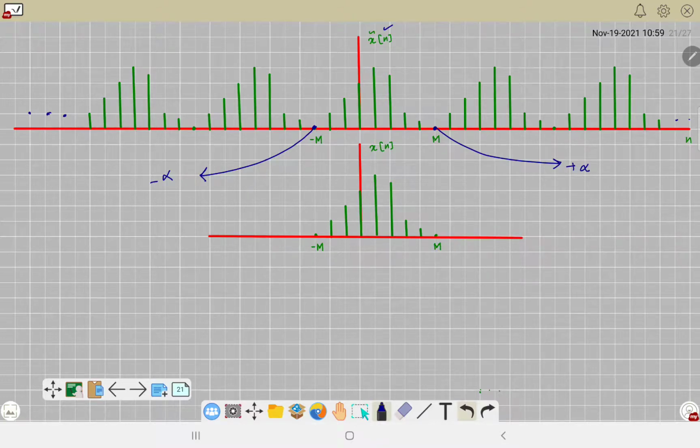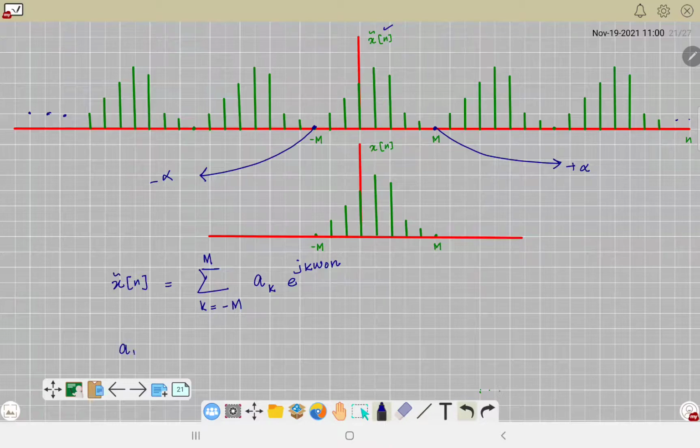Fine. Now since x tilde n is a periodic signal, we can very much use the discrete time Fourier series. So we'll define it over the time period that starts from minus M to plus M, a k e raised to the power j k omega naught n. Right?